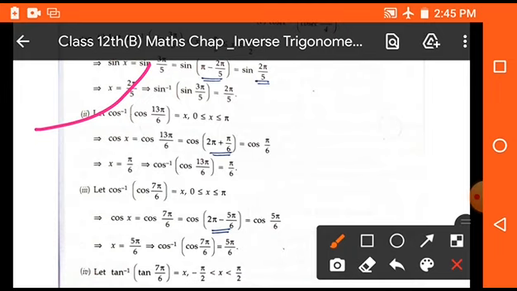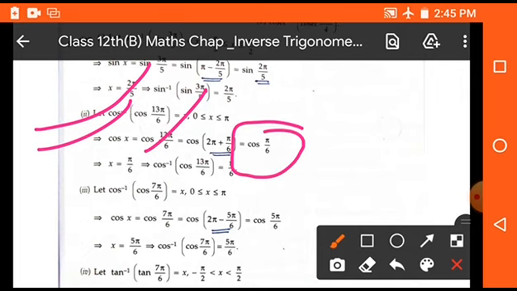That means the angle should be less than 180 degree and more than 0 degree. So we can write cos x is equal to cos 13 pi by 6, and we can write it as cos 2 pi plus pi by 6. On solving, 13 pi by 6 becomes cos pi by 6. So on equating we get x is equal to pi by 6. So the required value will be pi by 6.